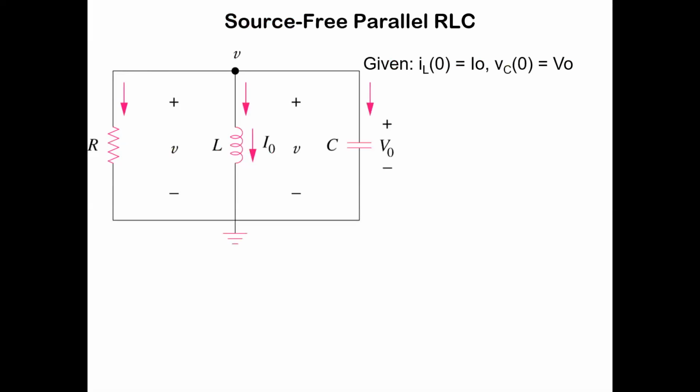So the answer is the same thing. The only thing different with parallel RLC is that the definition of alpha changes. For the series, alpha was R over 2L. For parallel, it's 1 over 2RC.